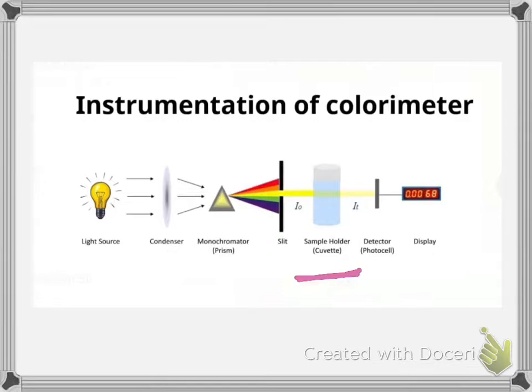Next is the detector, or photocell. The detector receives the light beam once it has passed through the sample and converts it into an electrical signal.